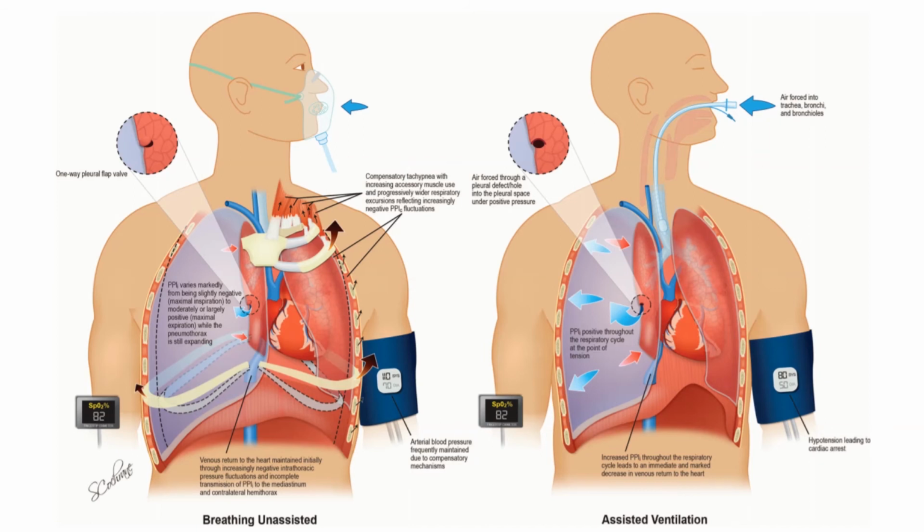So they have this negative intrapleural pressure that helps to stave off hypotension, at least for the first few minutes, sometimes hours. Then we have to think of the patient who is breathing on assisted ventilation. That patient, unless they are breathing spontaneously on the ventilator, does not have the ability to compensate on the contralateral side by increasing their respiratory rate and taking very deep inspiratory excursions to stave off hypotension and help augment blood flow and cardiac output.